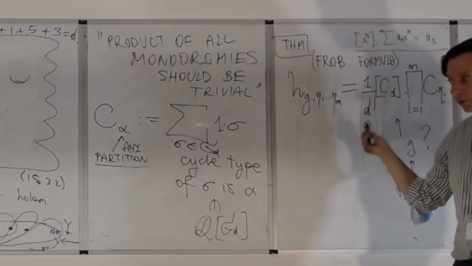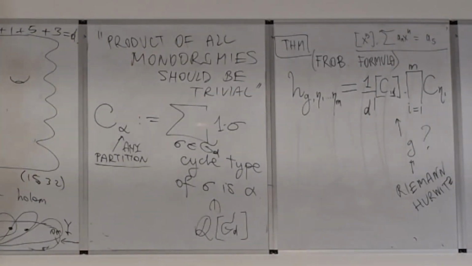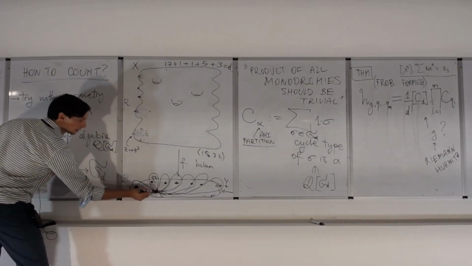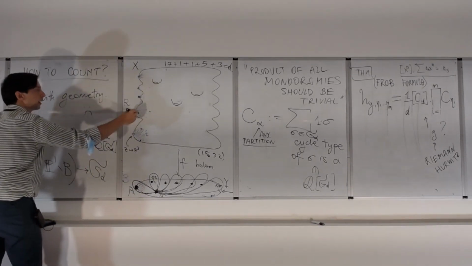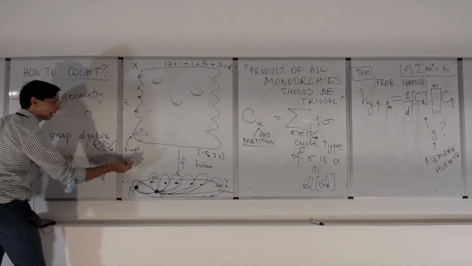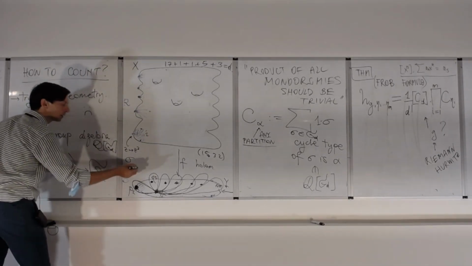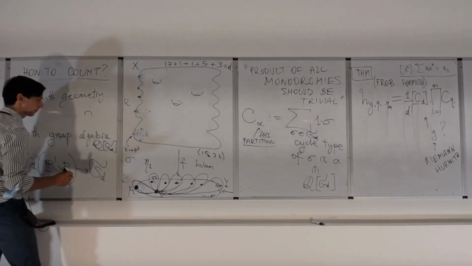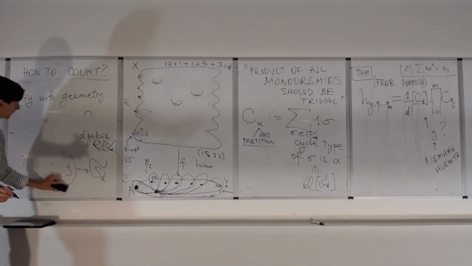So what you're doing is taking this branch point over here, you go with a loop around this, and you pick up some sigma whose cycle type is one of the summands of eta_1.